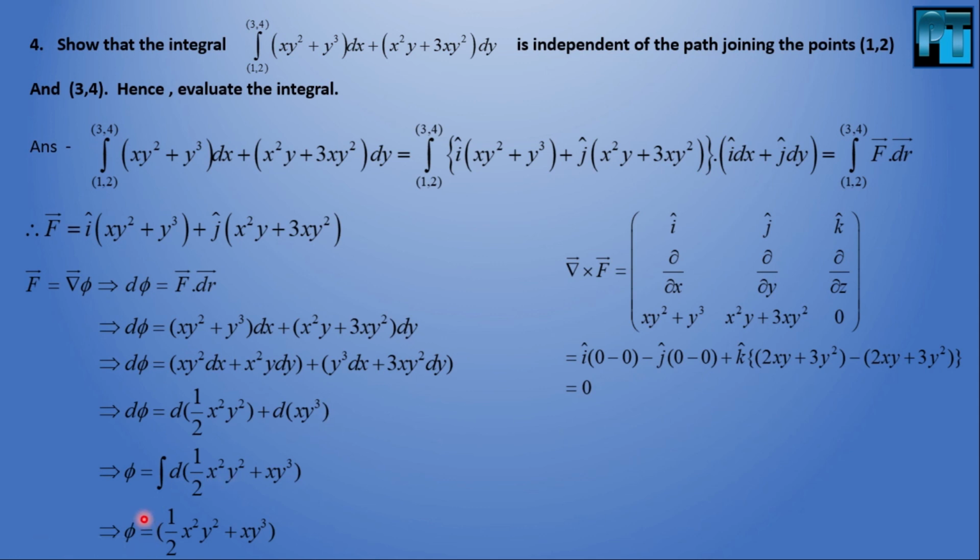So phi is equal to the integration of that one and becomes this. Now we have to put the upper and lower limit here, like F dot dr equals this thing. Upon putting the upper and lower limit properly, we have our result as 254. You can calculate the upper and lower limit here on your own and test the result.